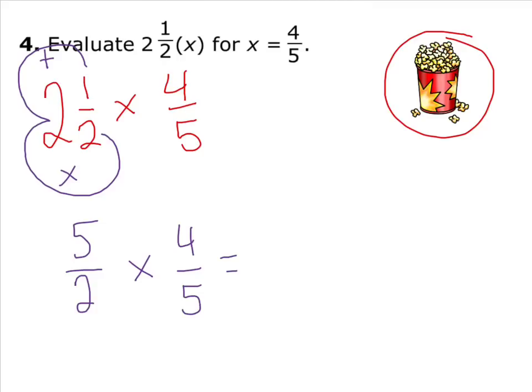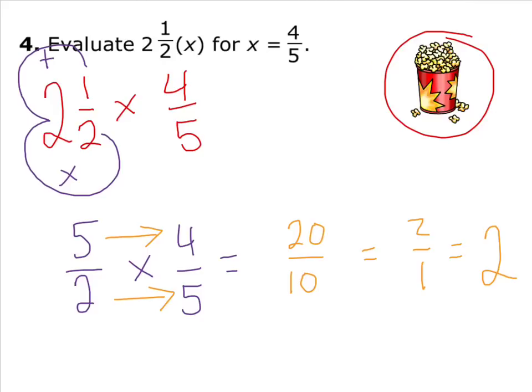We can multiply straight across. 5 times 4 is 20. 2 times 5 is 10. As you probably realize, we can divide both of those by 10, which would give us 2 over 1, or just 2. Now that's our answer for that one.